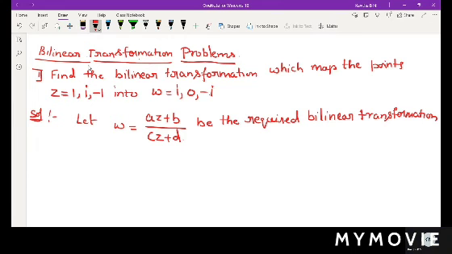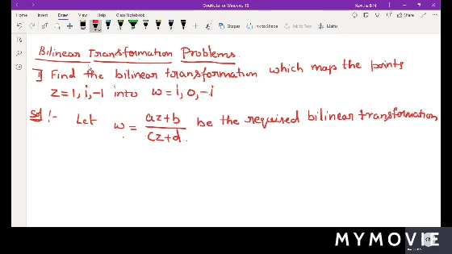Okay, then the points given are z is equal to 1, i, minus 1 and w is equal to i, 0, minus 1. We have to substitute the values. Take down w is equal to az plus b divided by cz plus d.